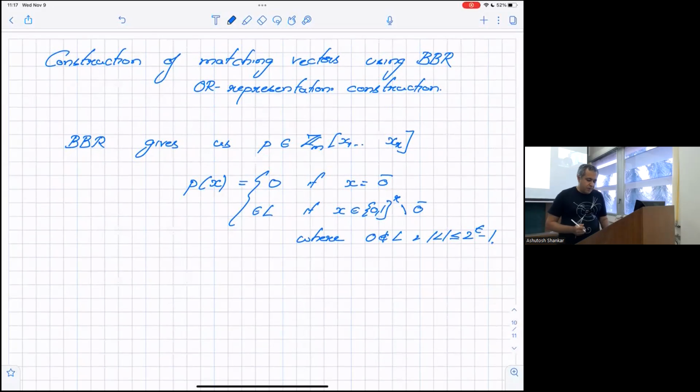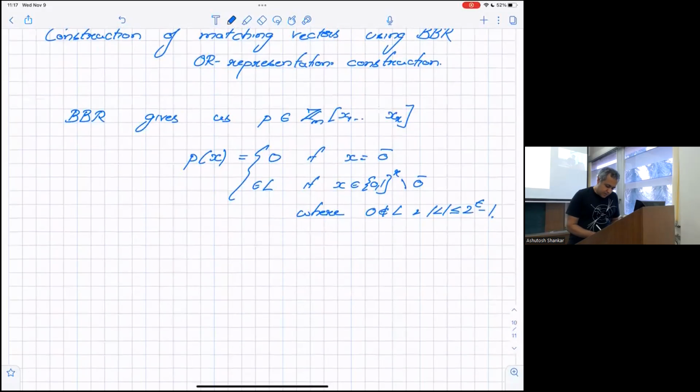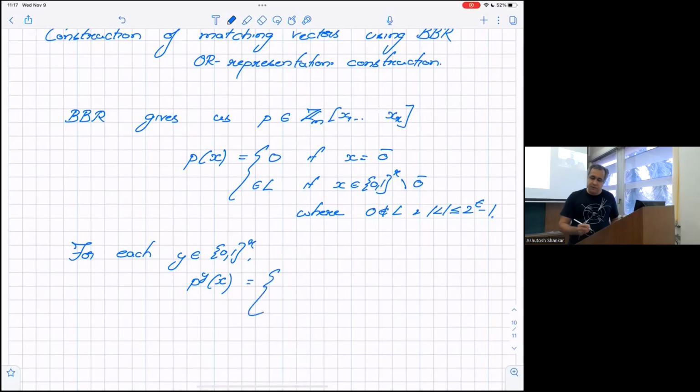Now I want to say from BBR, we can construct, for each y in {0,1}^r, a polynomial Py of x, which is just the OR polynomial but shifted.